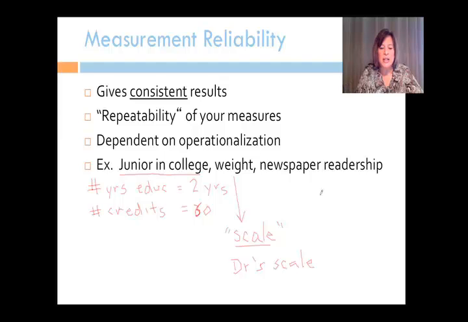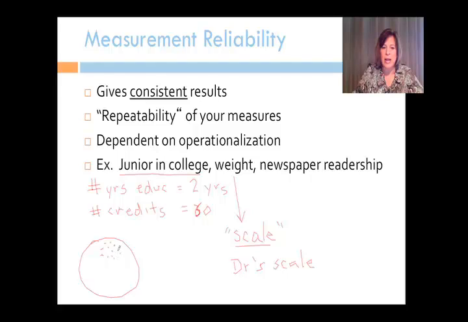So essentially, reliability can look like this. Here's what we're trying to measure, and this is what all the measurements are with the measuring device that we're using.